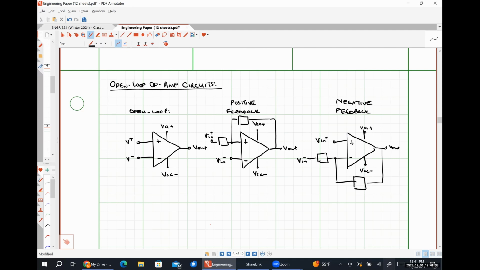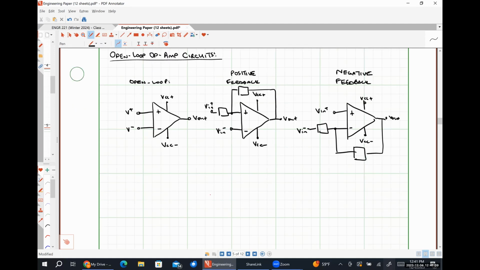Its output would simply saturate to either VCC plus or VCC minus. So today we're going to talk about a particular type of practical circuit where this is exactly the response that we want, and it's called a comparator.